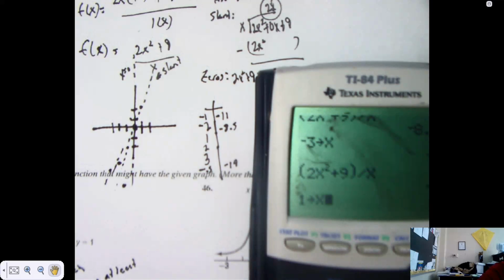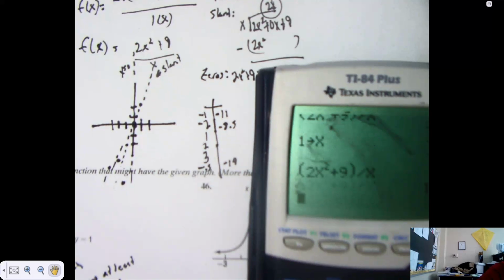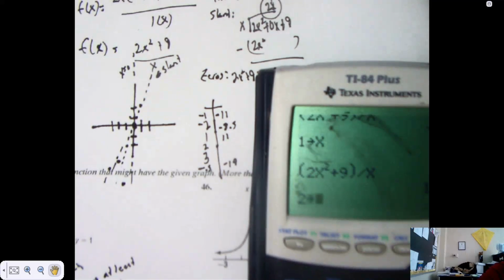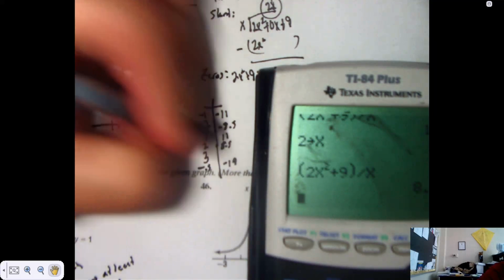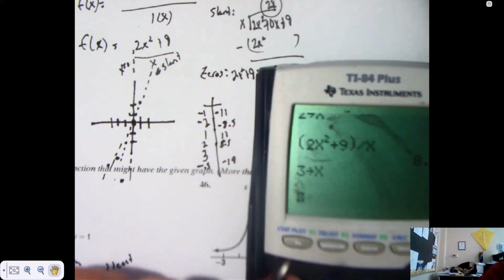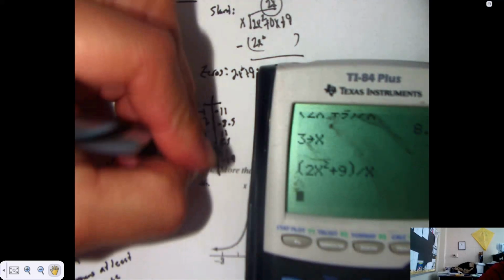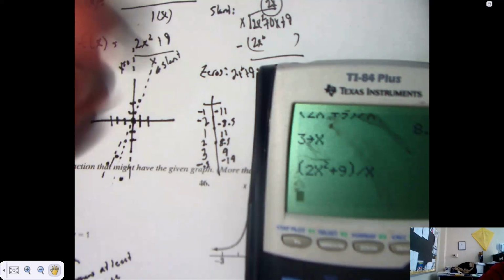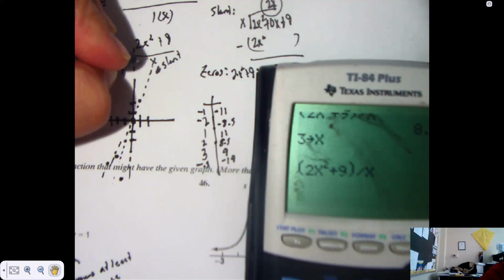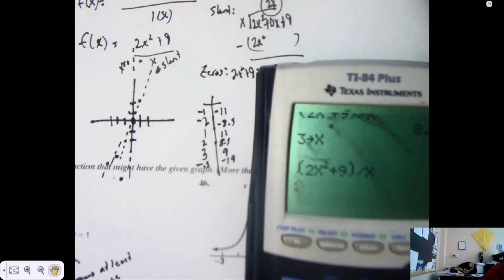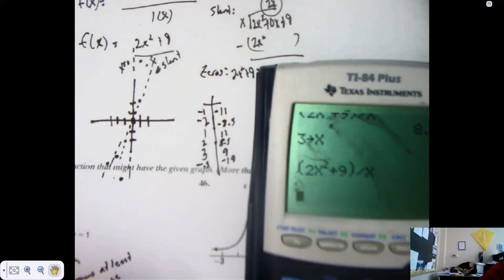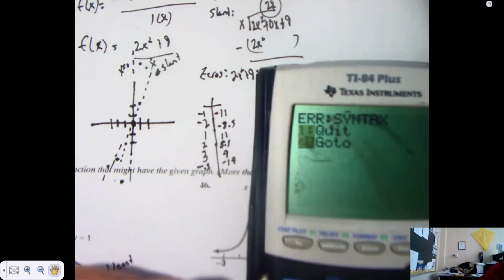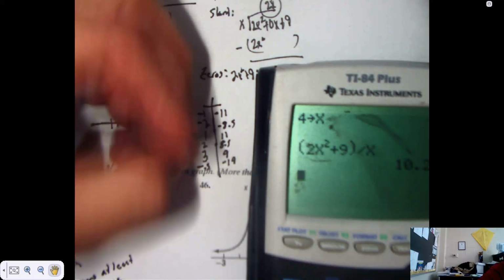What's 1? 1 is 11. 2 is 8.5. 3 is 9. 4 is 10.5.